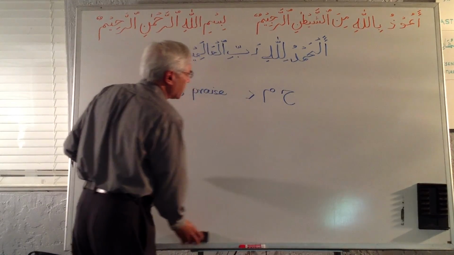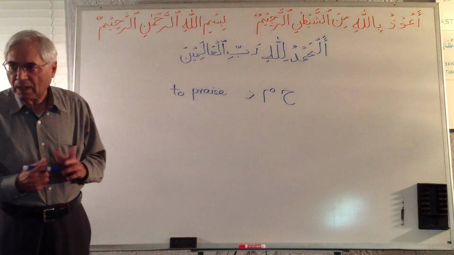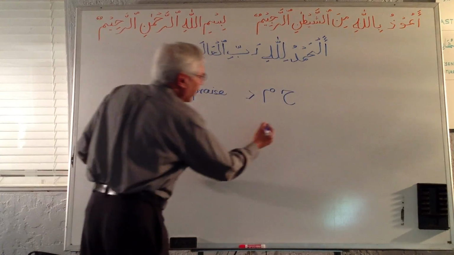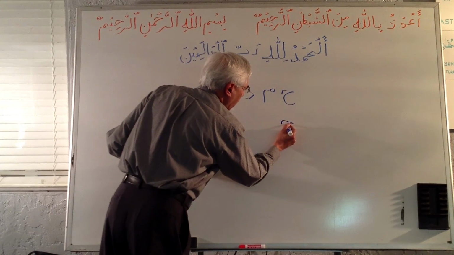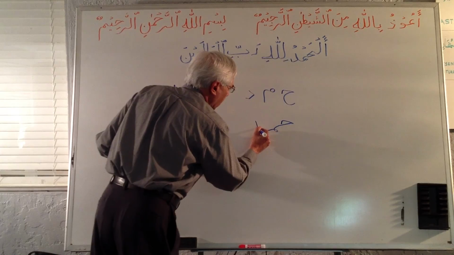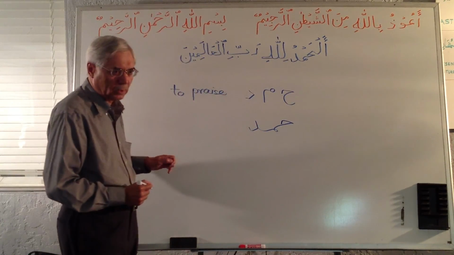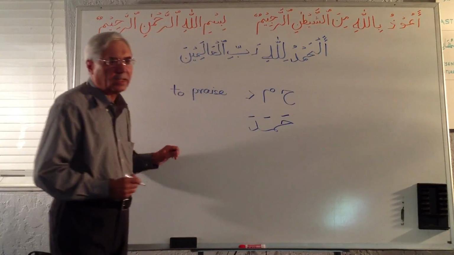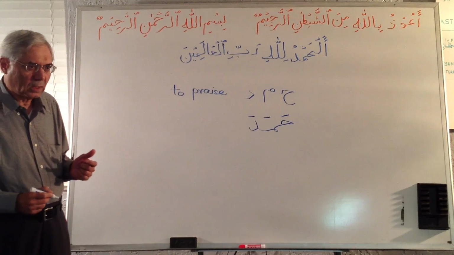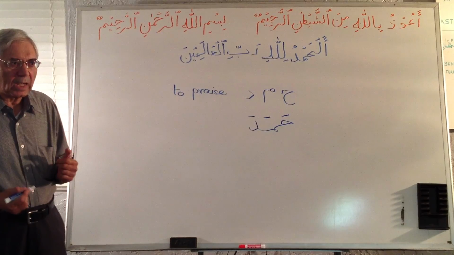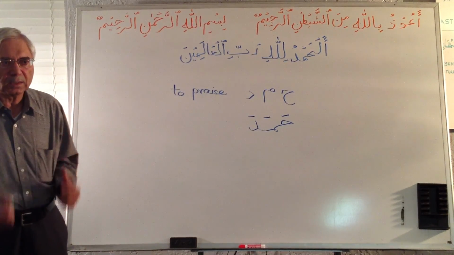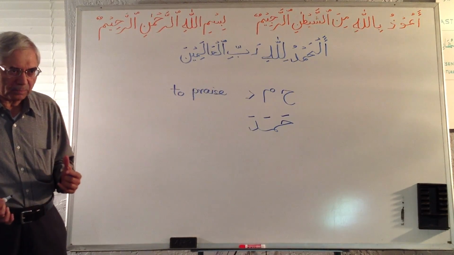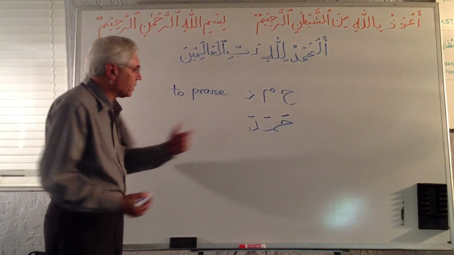We have 3 letters, ha, mim, and dal. Okay? If I do the same thing here, if I take ha, mim, and dal, combine them together, and put 3 fathas, one on each, this will be pronounced as ha, ma, da. Hamada. Okay? What is the meaning of this word?